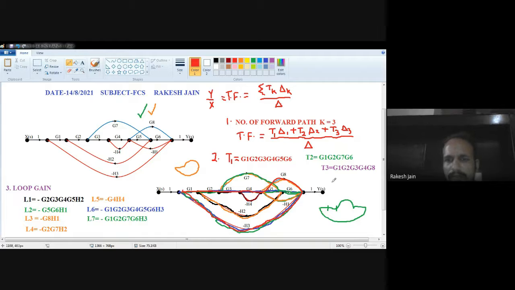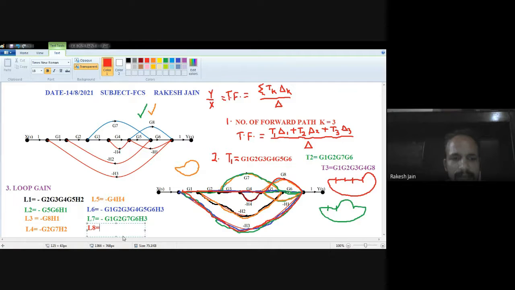First G1, then G2, then G3, then G4, then jump with G8, and then come back. So this is also a completely closed path, so this is also a loop. So loop 8 is minus G1, G2, G3, G4, G8, and S3. So this one is the eighth loop.